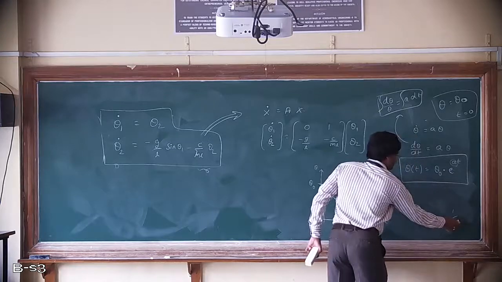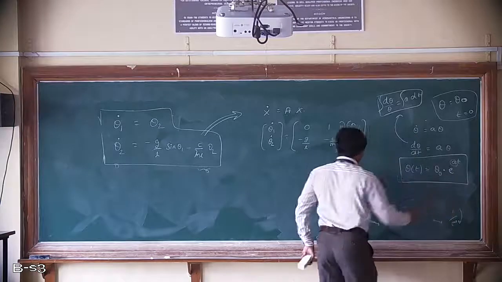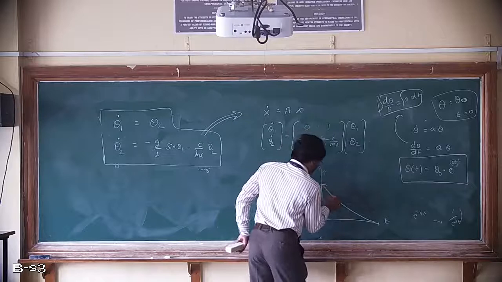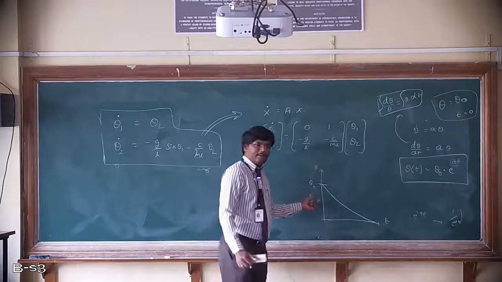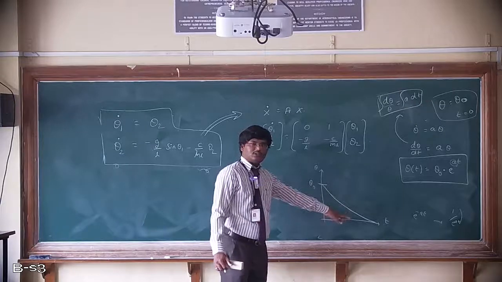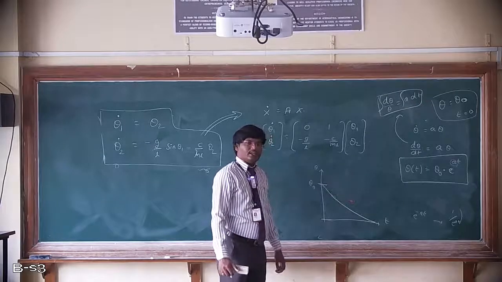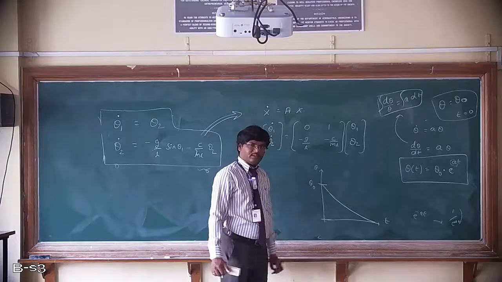At t equal to infinity, this whole term will become 0. That means at t equal to infinity it will come to the initial position. Are you getting exponential decay?